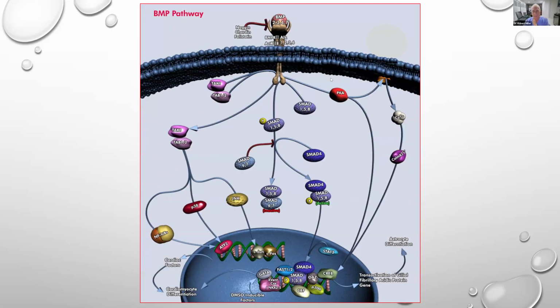And this is a representation of a cell. This would be the cell lining. This would be the endoplasmic reticulum. This would be the nucleus of the cell. And on every cell membrane, there are receptors. This particular receptor is a BMP receptor. And that BMP receptor is sensitive to BMP 2, 3, 4, and 7, which are the pro-growth BMPs. When those BMPs reach the receptor, it releases chemicals that go into the endoplasmic reticulum.